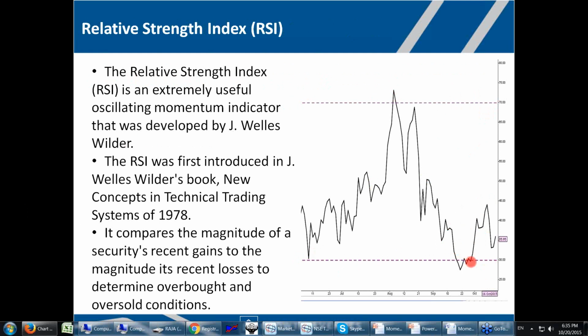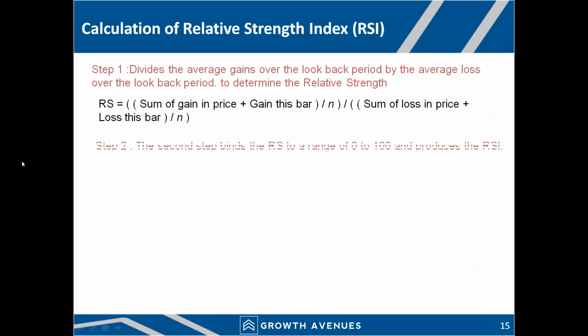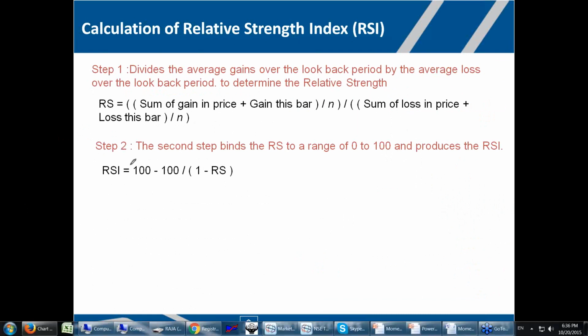It would go near zero, but it will never touch zero. Why will it never touch zero? Because of this formula, you're subtracting it from 100. So it's always less than 100 or more than zero. See here.